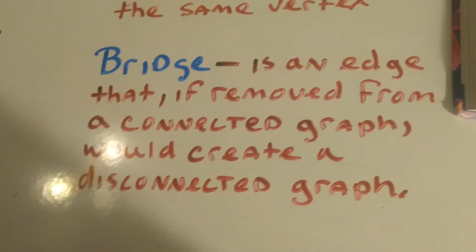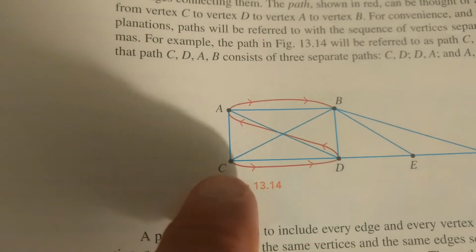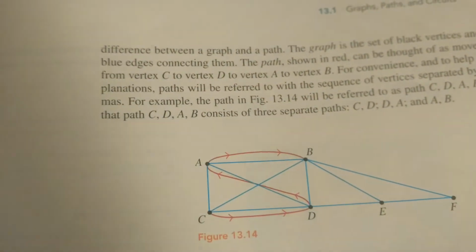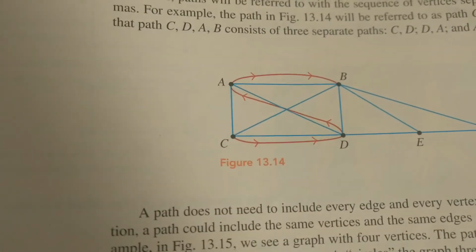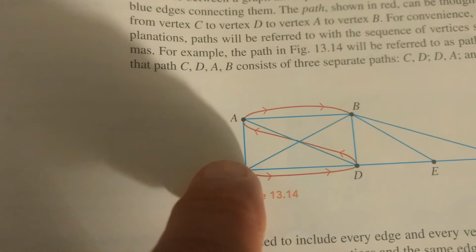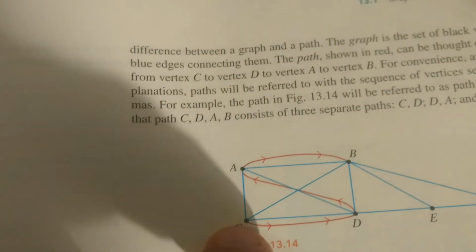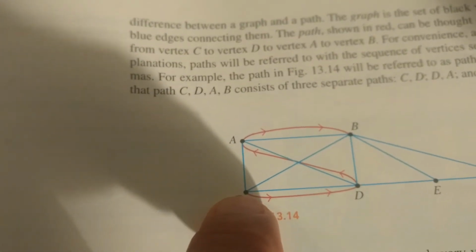Okay? All right. So looking at this, here is what we would consider a path. Here's a diagram. Here's our graph of something that I think they've just made up. But basically what would happen here is if we wanted a path from C to B, we might have to go through D and A, so we want to go through all those points.